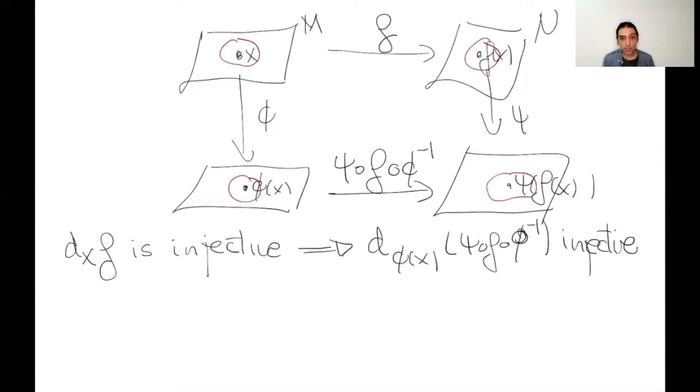In such a situation, we can use the local normal form of immersions for the Euclidean case.